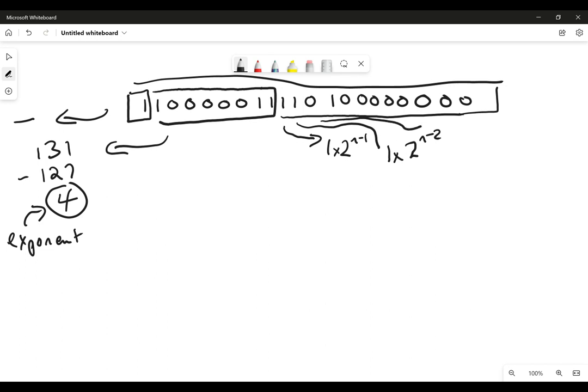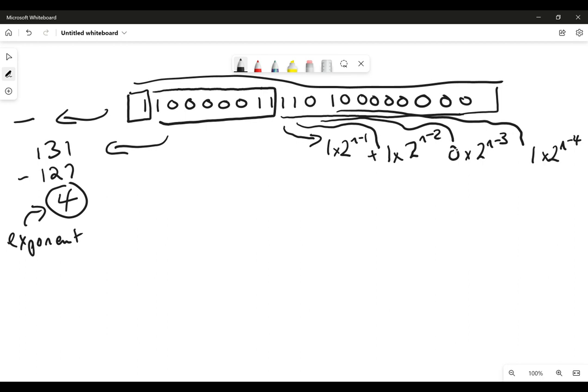And the next one is 0 times 2 to the power of minus 3. And then this one here is 1 times 2 to the power of minus 4. Okay, I can ignore the rest of it. And in fact, I can ignore this 0 here because it's going to give us an answer of 0. But you just need to remember the placement.